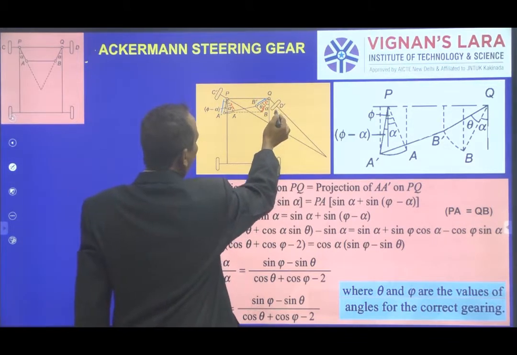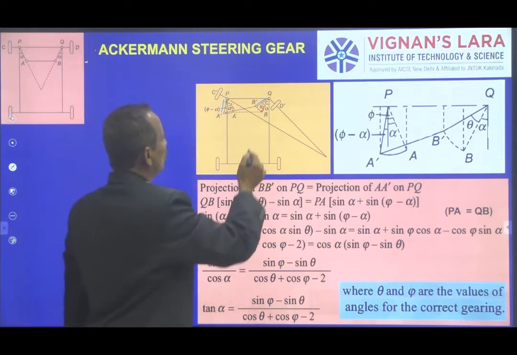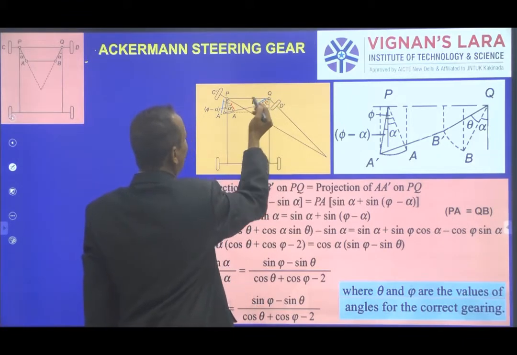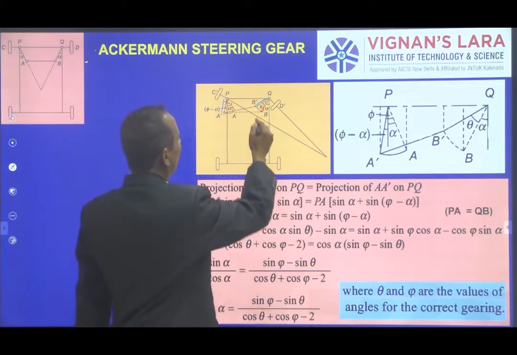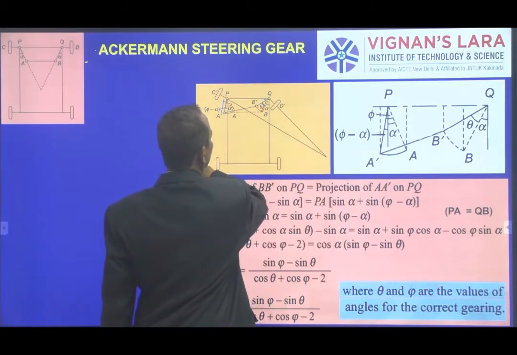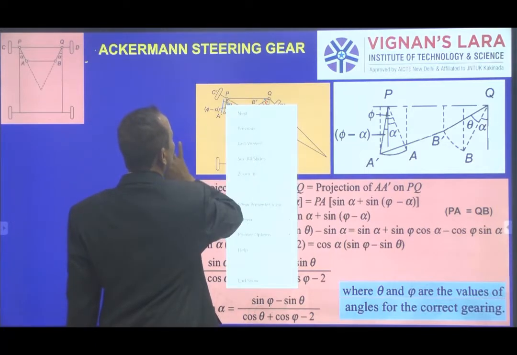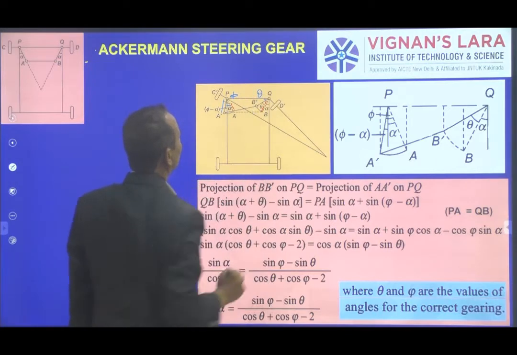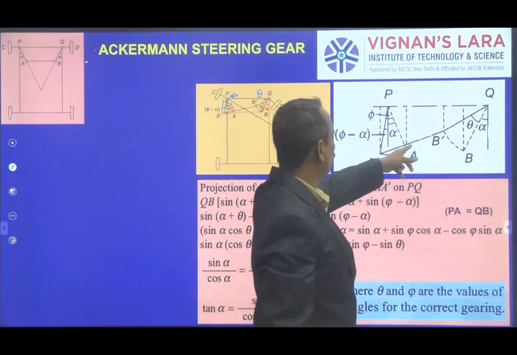Now the inner wheel makes an angle theta and the outer wheel makes an angle phi. You can see this is theta and this is phi. Once again you can see an enlarged view, shown very clearly.